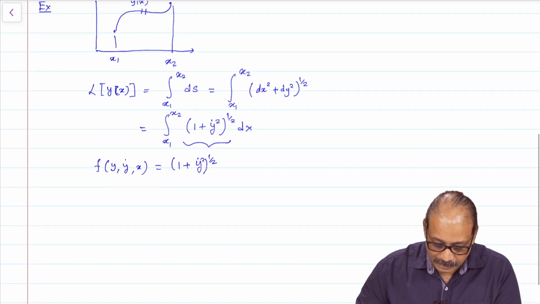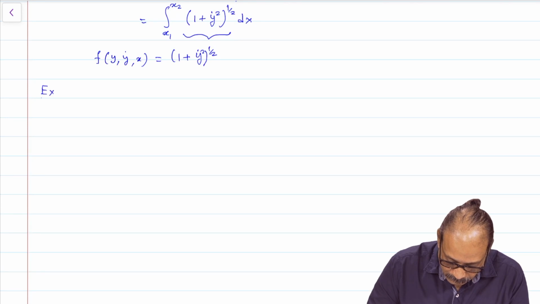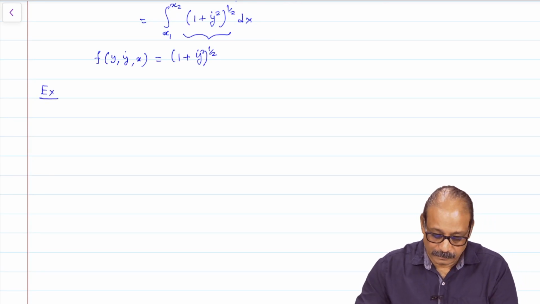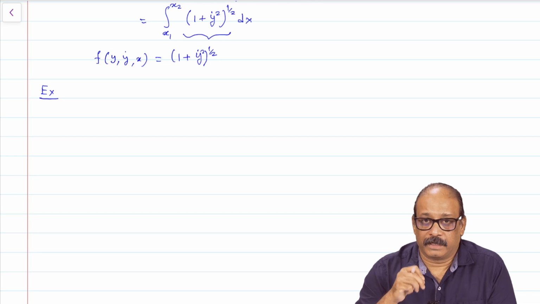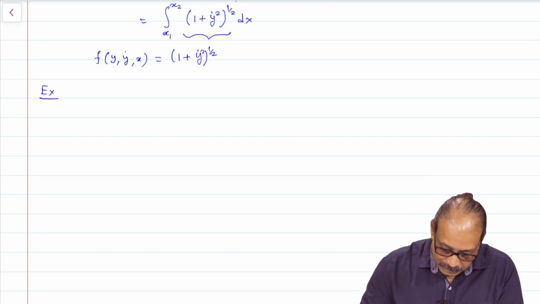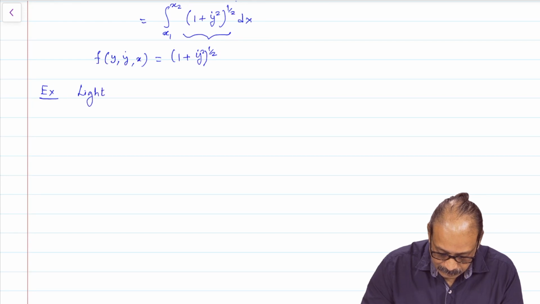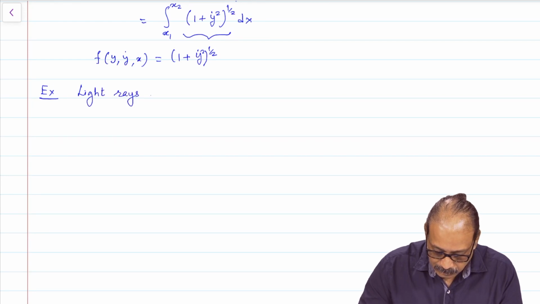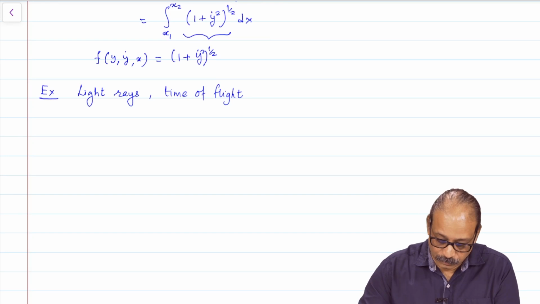And then the second example, which we have already seen, is if we have light traveling from point x1 y1 to x2 y2 in some inhomogeneous field, then we assign with each path for the light rays a time of flight between x1 y1 and x2 y2.